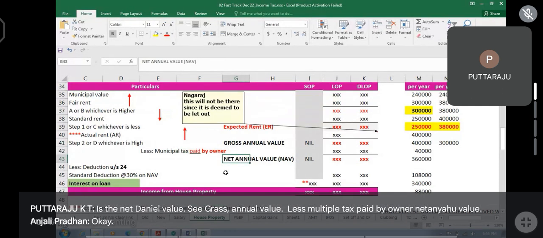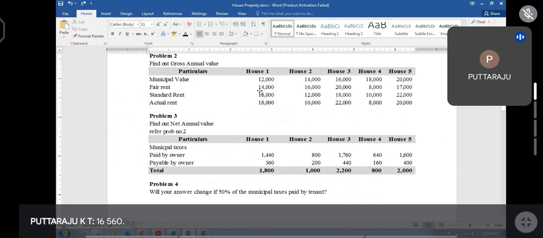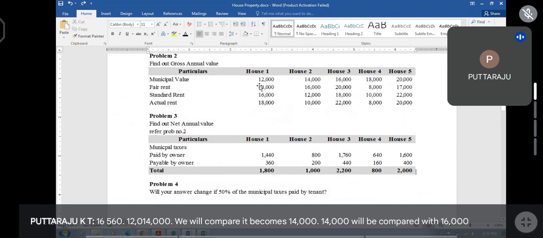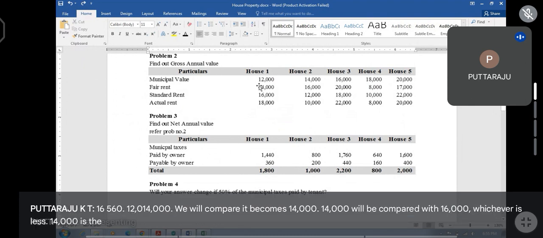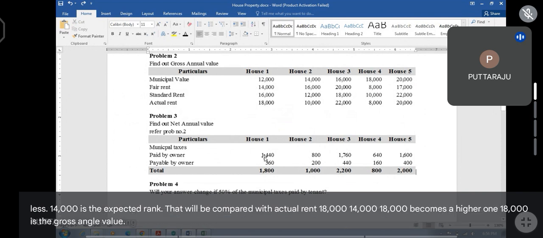Okay. So is it 16,560? 16,560, 12,000 and 14,000 we will compare. It becomes 14,000. 14,000 will be compared with 16,000. Whichever is less, 14,000 is the expected rent. That will be compared with actual rent, 18,000. 14,000, 18,000 becomes the higher one. 18,000 is the gross annual value. 18,000 minus 1,440.